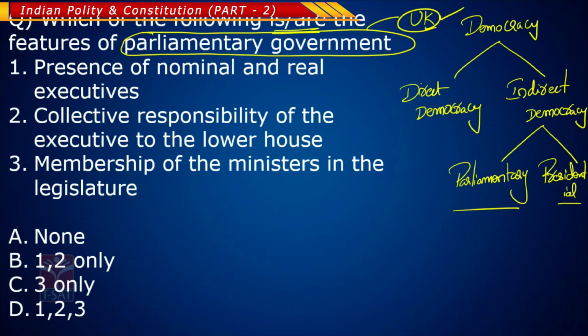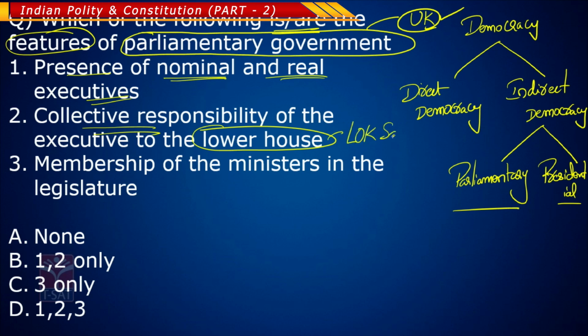Now, I am asking, what are the features of the parliamentary government? 1. Presence of nominal and real executives, collectively responsible to the lower house. What is the lower house? Lok Sabha. 3. Membership of the ministers in the legislature.